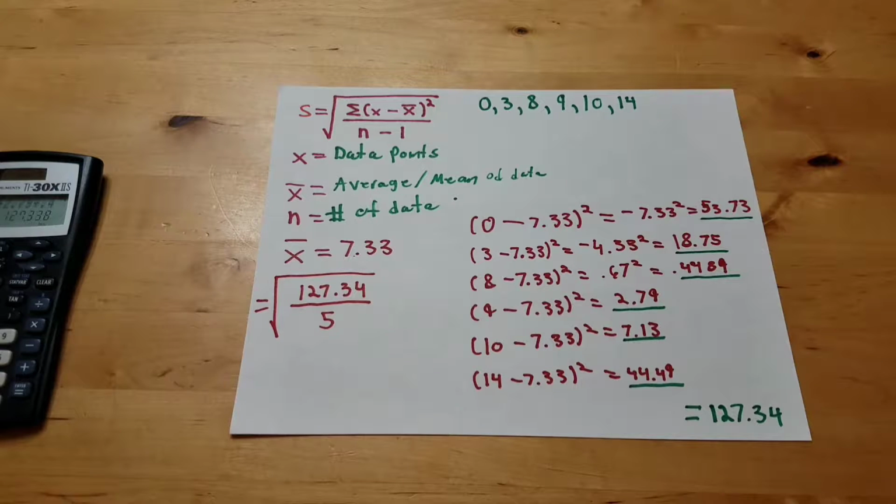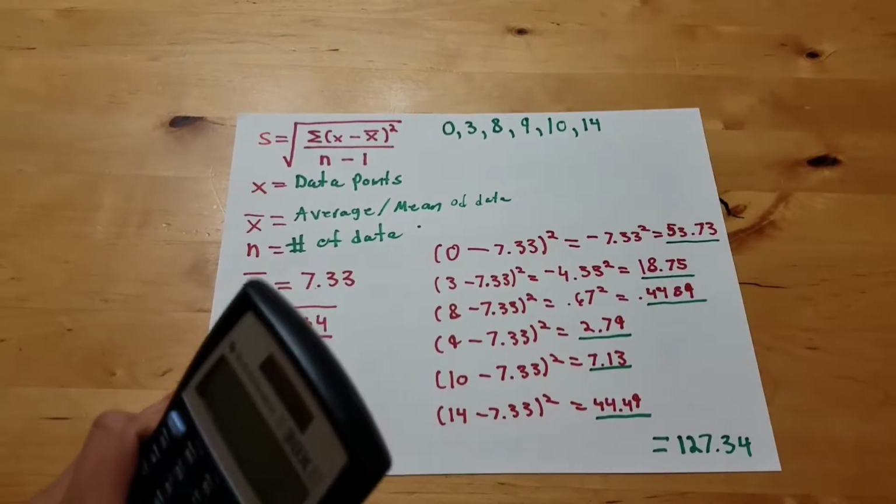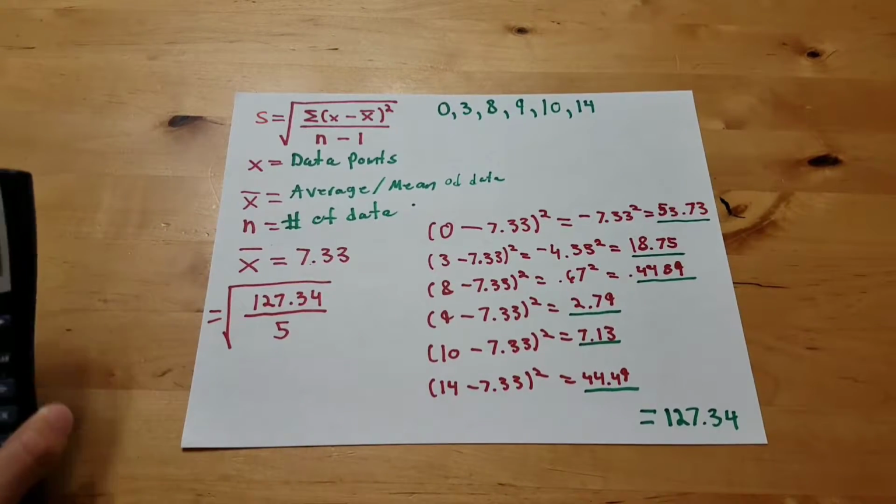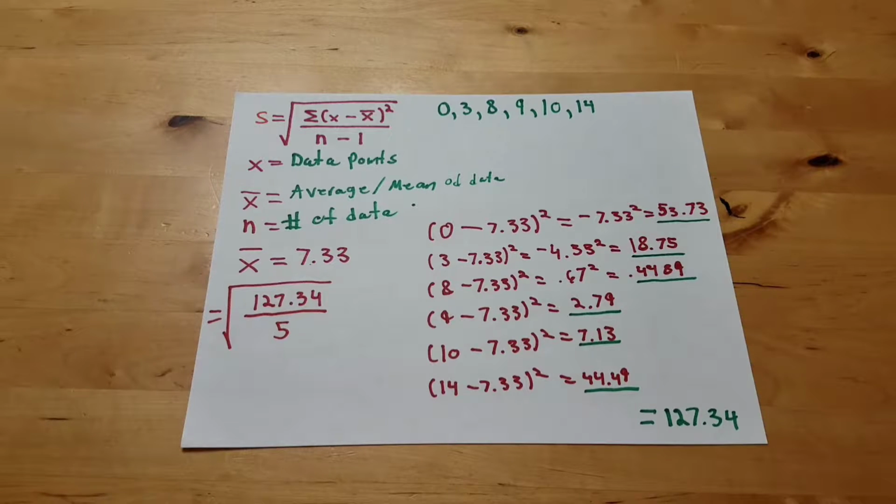So be careful about that depending on what your teacher wants. Make sure you fit their needs. It might be n minus 1 or it might be n. Whatever the case may be, just make sure you're doing the right steps.